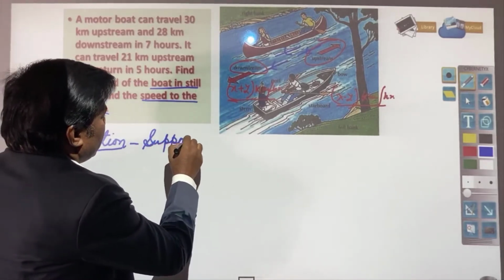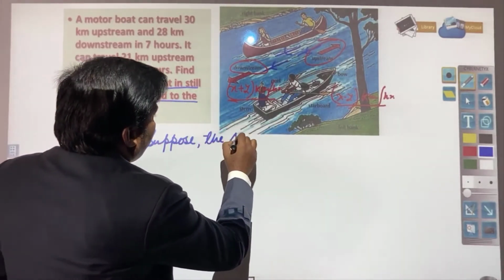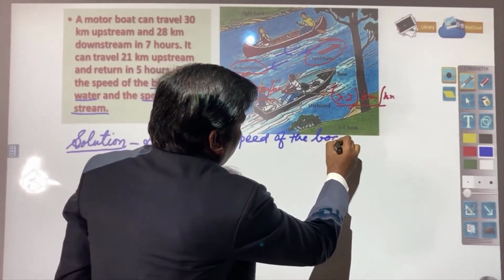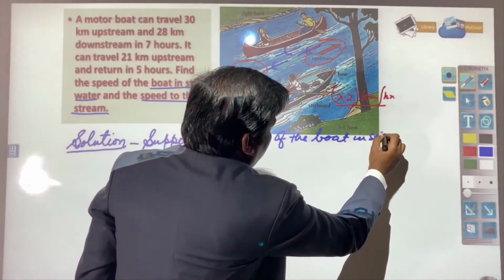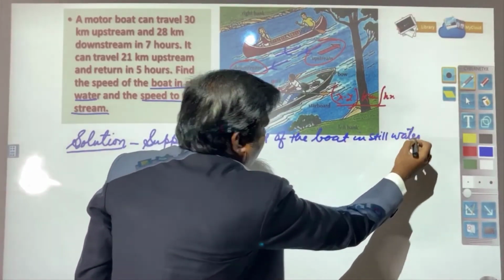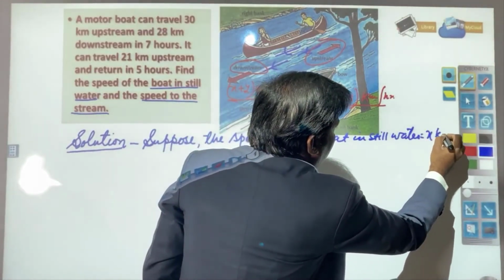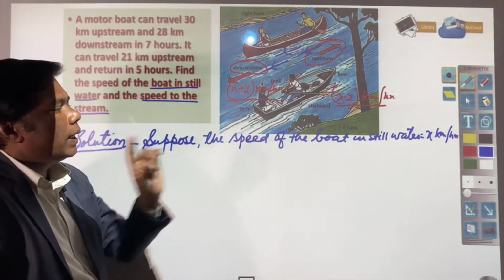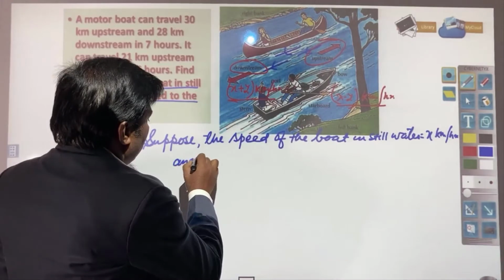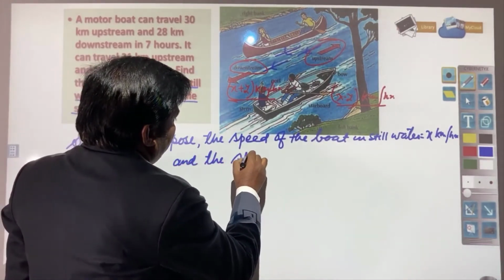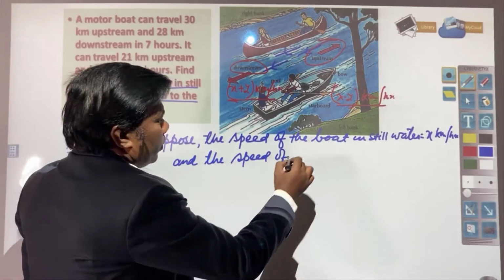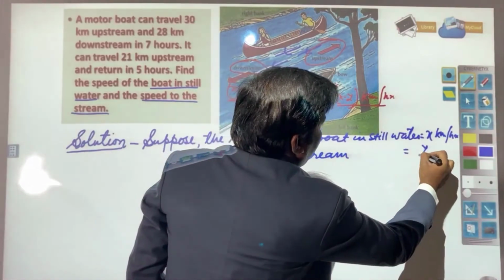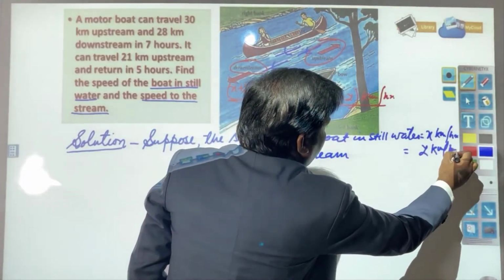Suppose the speed of the boat in still water is equal to x km per hour, and the speed of the stream is equal to y km per hour. This you have assumed.